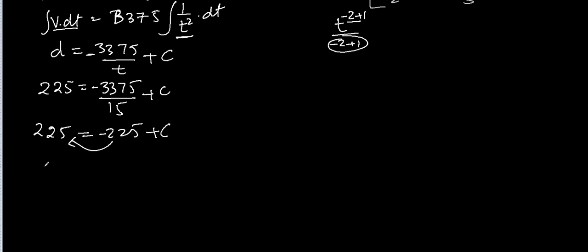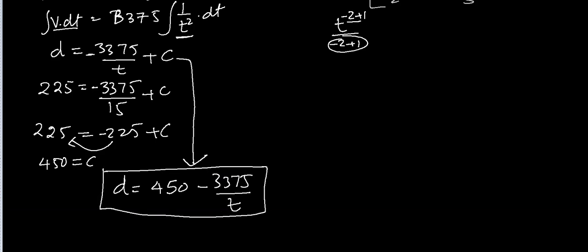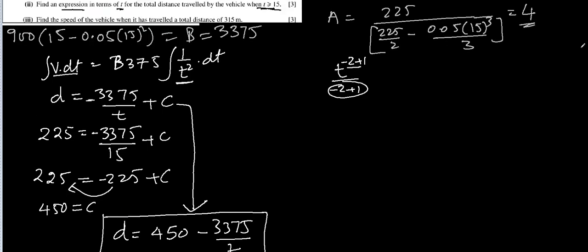When this goes there, it becomes 225 plus 225, which is 450. So c is 450. So this equation becomes displacement equal to 450. Let's write c first, and then 3375 over t. This is the expression in terms of t for the distance or displacement, in this case more than 15 seconds.